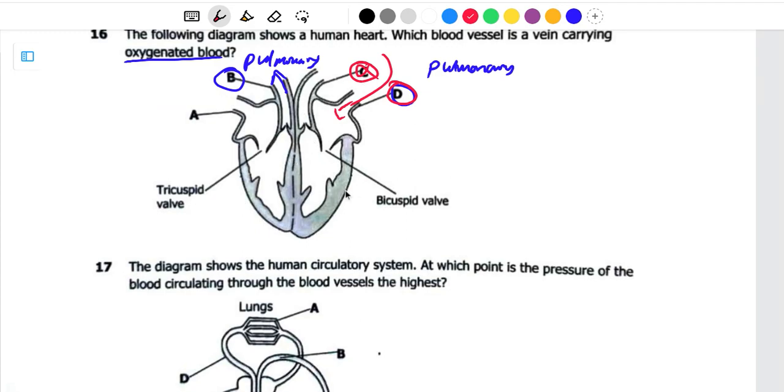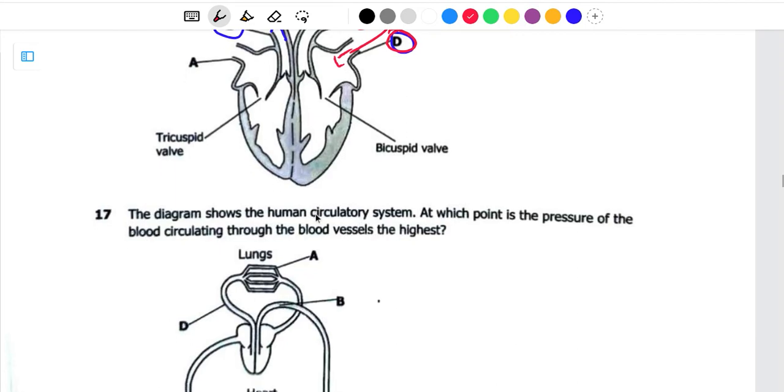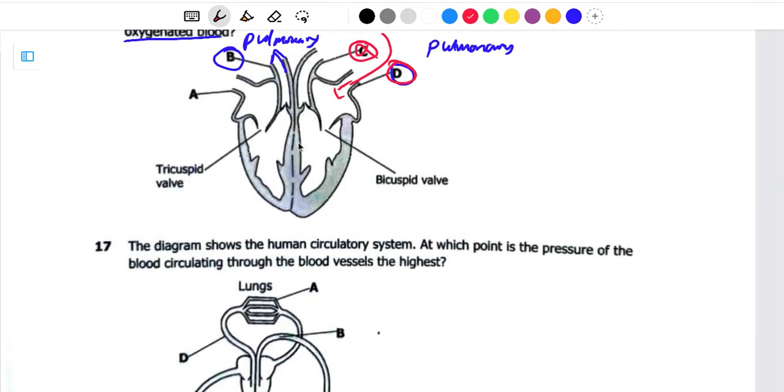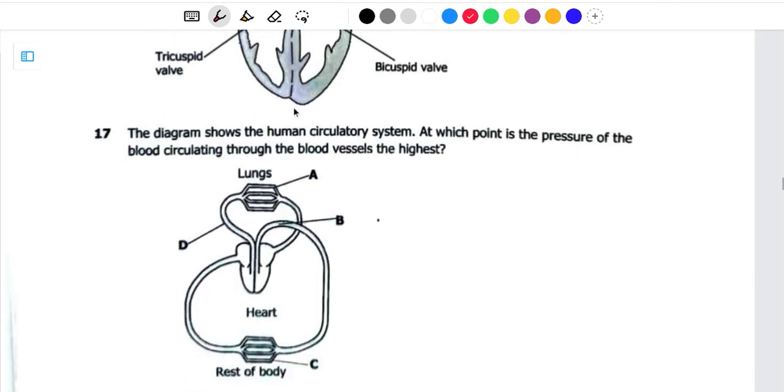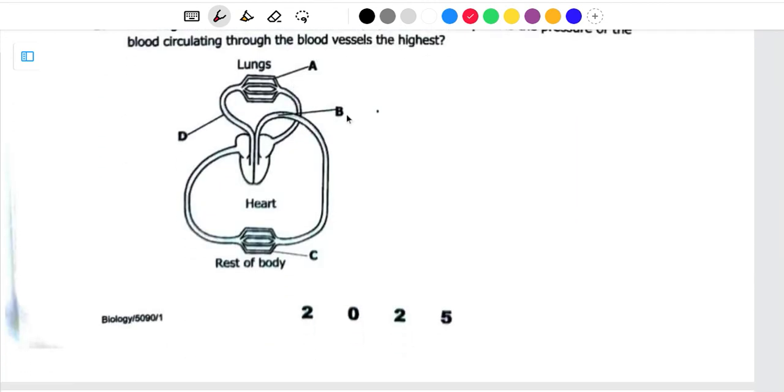You find that the left side of the heart is more muscular than the right-hand side, because of the pressure at which the blood is pumped through the aorta. Or you can say it is muscular in order for blood to reach different parts of the organs. So the answer is going to be B, because B is representing the aorta.